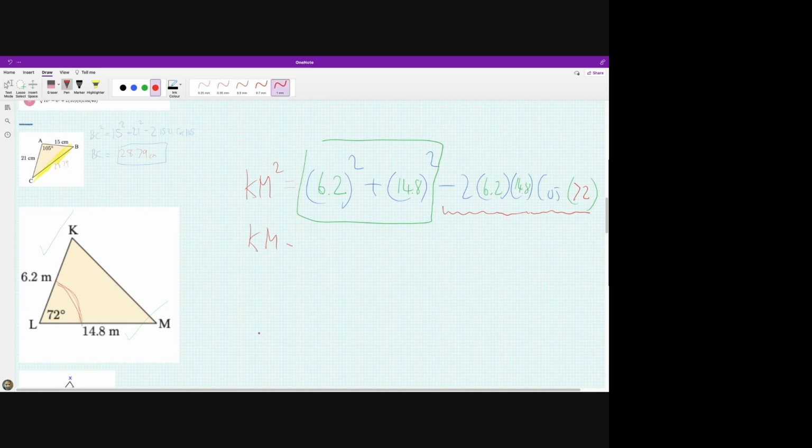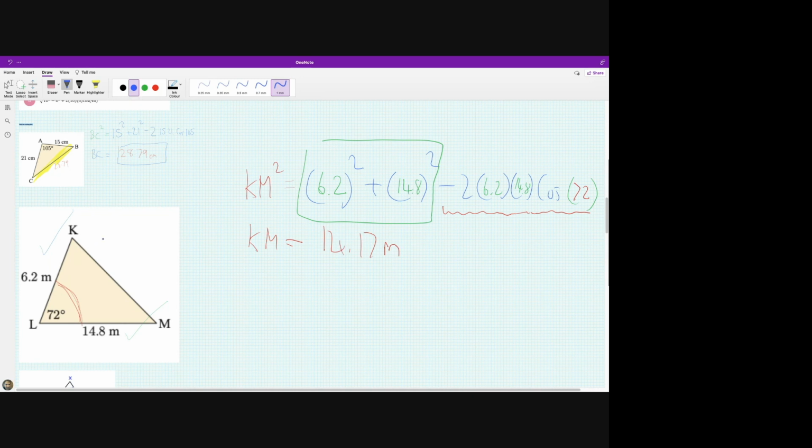What are you getting in your calculator? Stephen, what are you getting? Okay, let's have a look. I'm going to do it with my calculator. Square root of 6.2 squared plus 14.8 squared minus 2 times 6.2 times 14.8 times cos of 72 equals, and I get 14.17 meters.